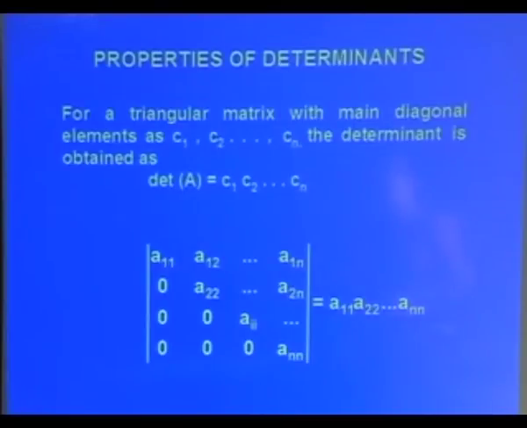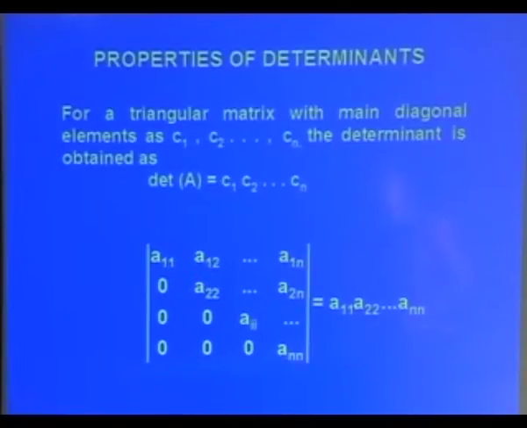The proof is simple. We can expand this determinant along the first column. So, we will have A11 multiplied by this minor, plus 0 multiplied by its corresponding minor, which will not contribute anything, and 0 multiplied by this minor will not contribute anything. So, we will have only A11 multiplied by this minor.